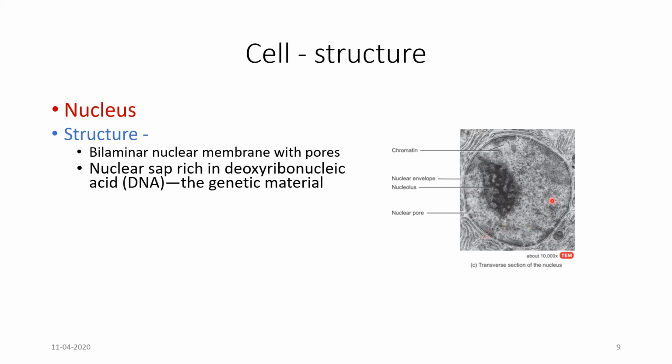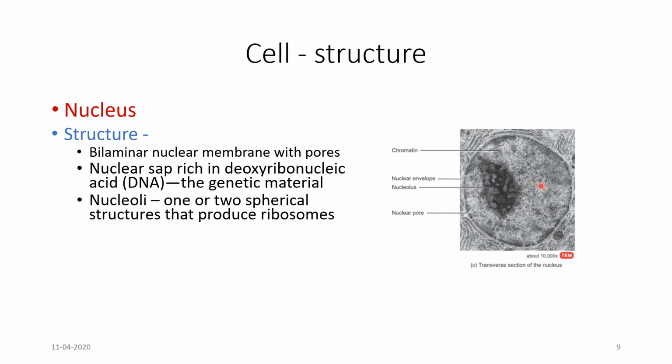This is the nuclear sap, which is rich in deoxyribonucleic acid or DNA, which is the genetic material. And you will see one or two nucleoli, which are spherical structures that produce the ribosomes.